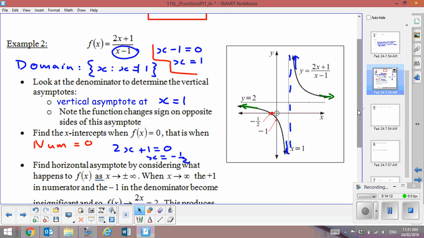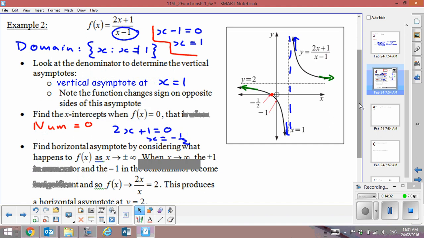To find the horizontal asymptote, we need to consider what happens as x approaches positive infinity or negative infinity. So when x approaches positive infinity, we can look at our equation up at the beginning here. Let me just pull this down a little bit further.